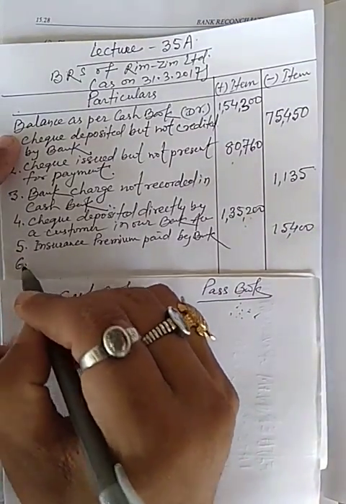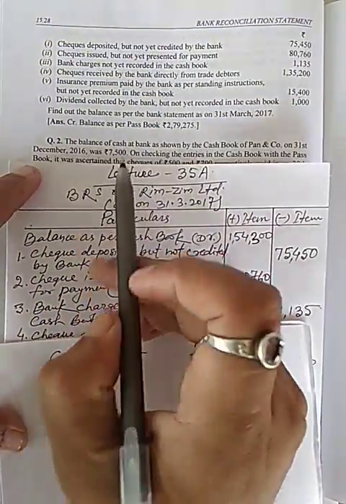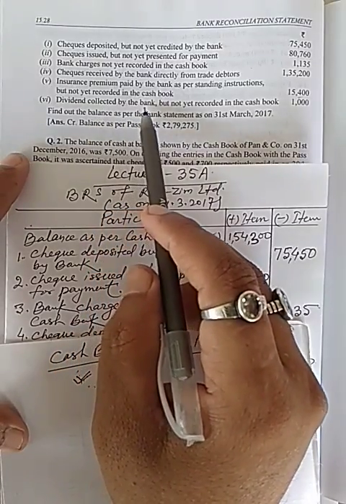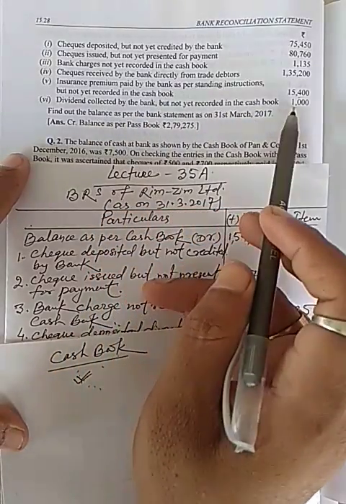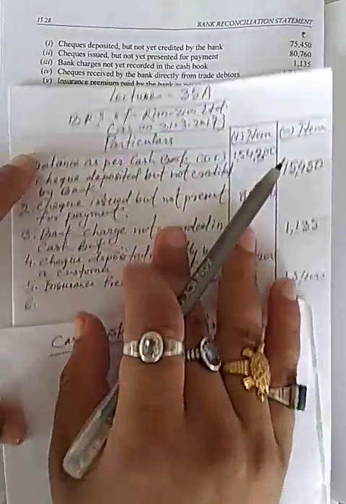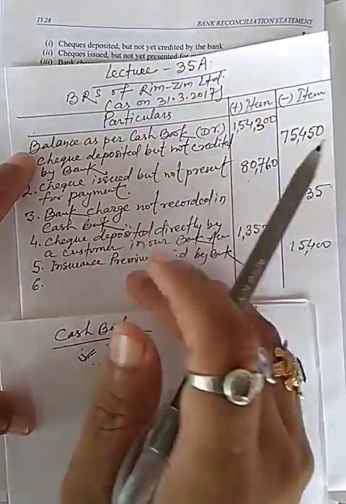And the sixth and last point is saying dividend collected by bank but not recorded in cash book, 1,000 is given.